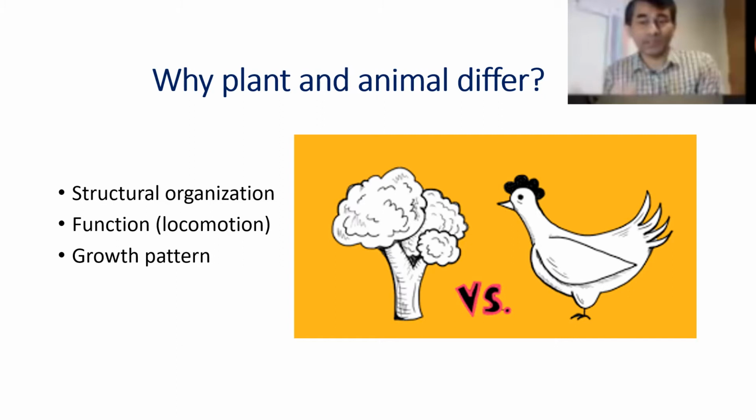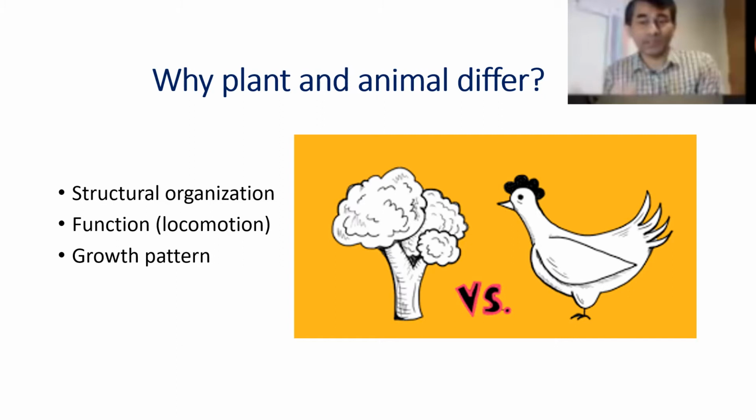Plants need less energy. Animals need more energy because they keep moving. Now, there are a lot of differences, but I will only tell you the main differences. Another difference between plants and animals is in the way they grow. Now, how do plants grow?